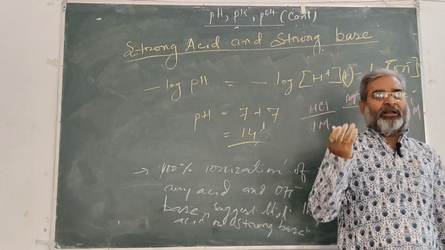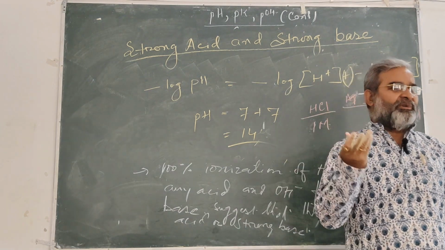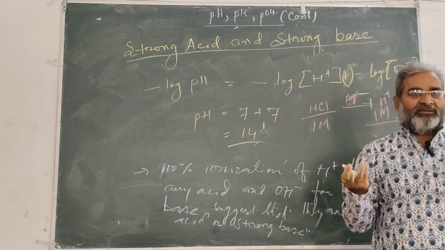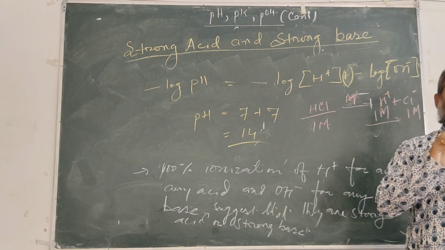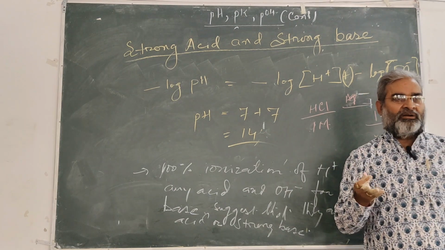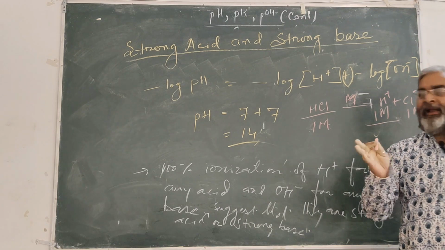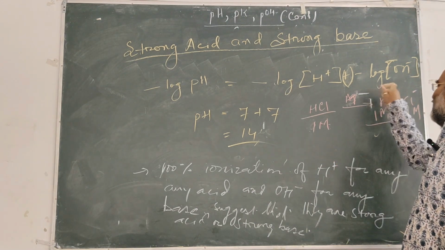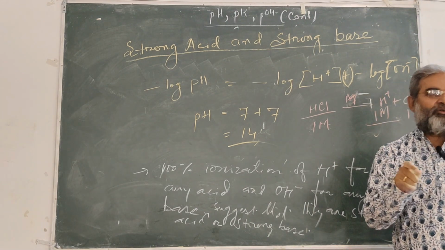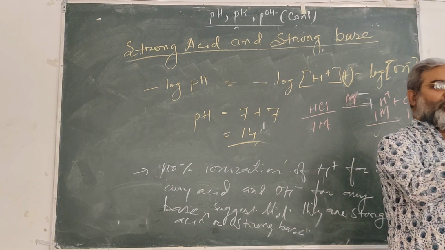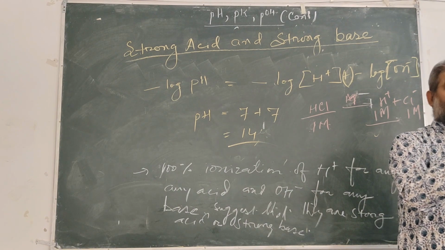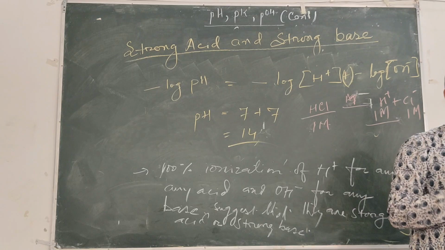And if any question is asked in the examination where the dissociation is required for a strong acid and a strong base, then the dissociation value of H plus or OH minus is always equal to the molar value of the acid or base.